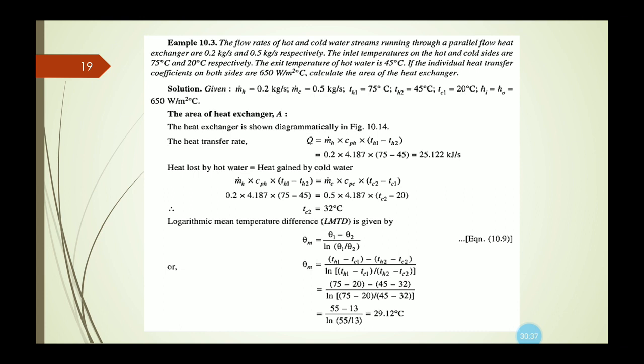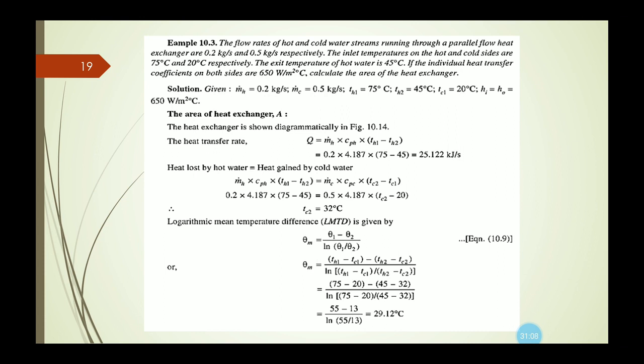Now the heat lost by the hot water equals the heat gained by the cold water. That is from our concept of the heat exchanger. The heat lost by the hot water, which we have calculated just now, is m dot h Cph multiplied by Th1 minus Th2. This equals the heat gained by the cold water, which is m dot c Cpc multiplied by Tc2 minus Tc1.